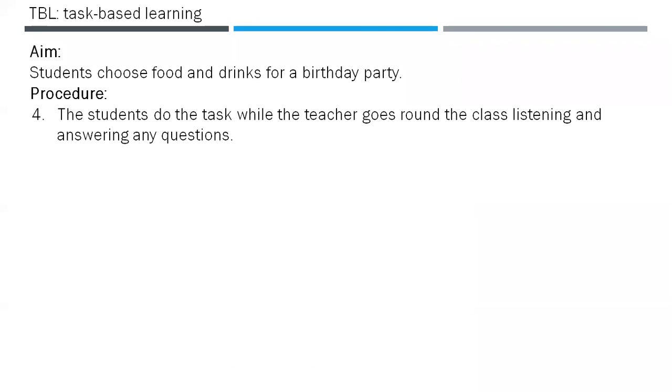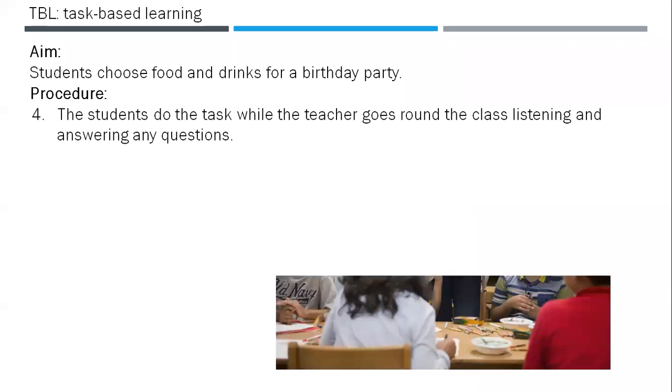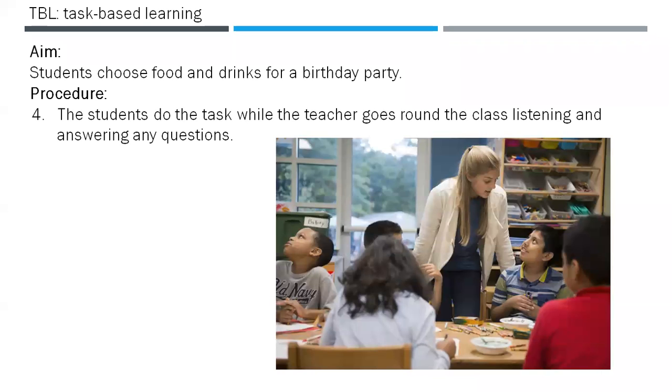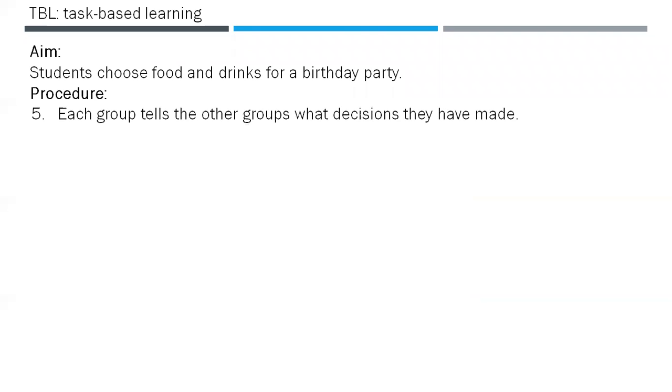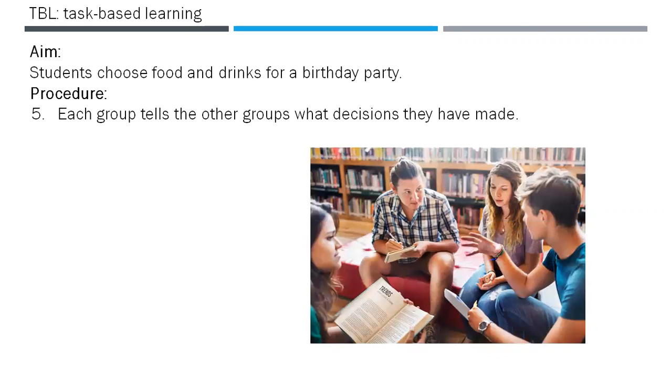Next, the students do the task while the teacher goes around the class, listening and answering any questions that arise. Next, each group tells the other groups what decisions they have made.